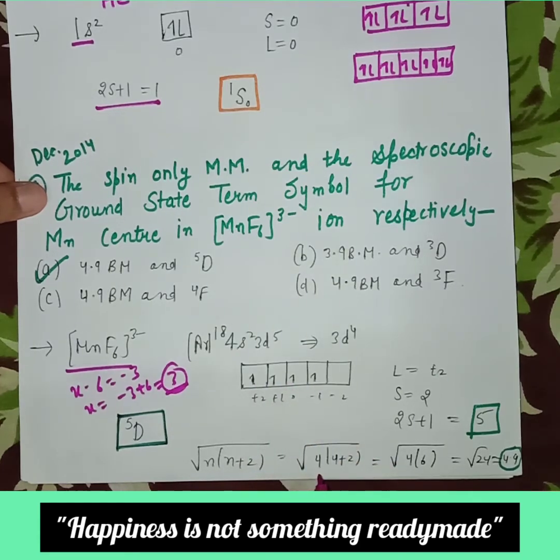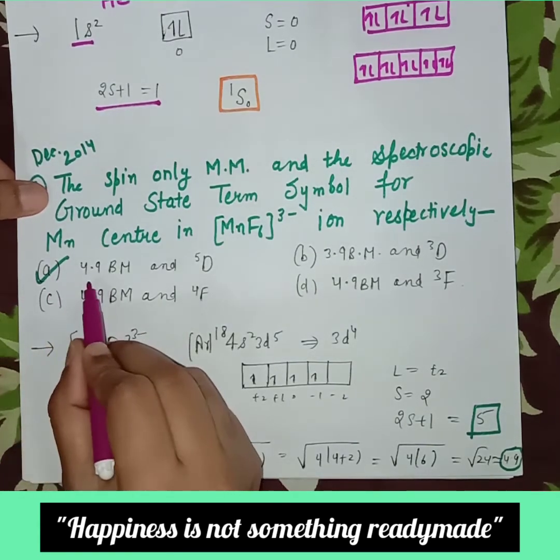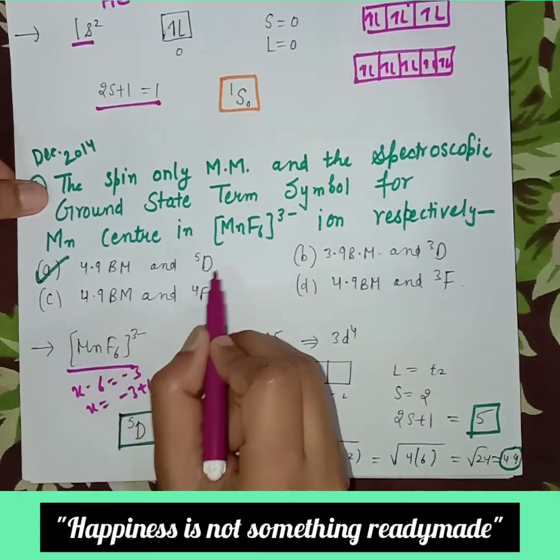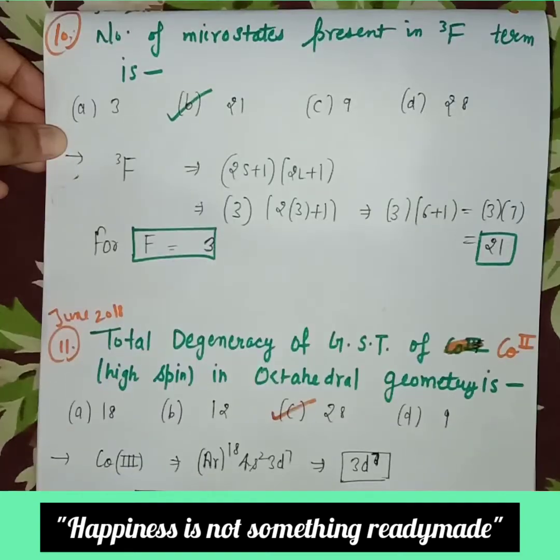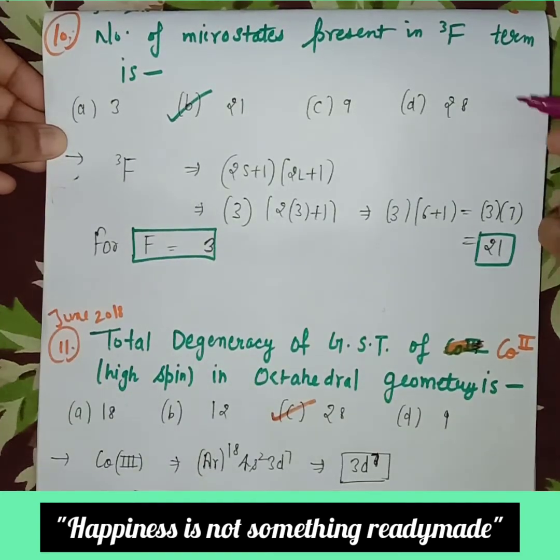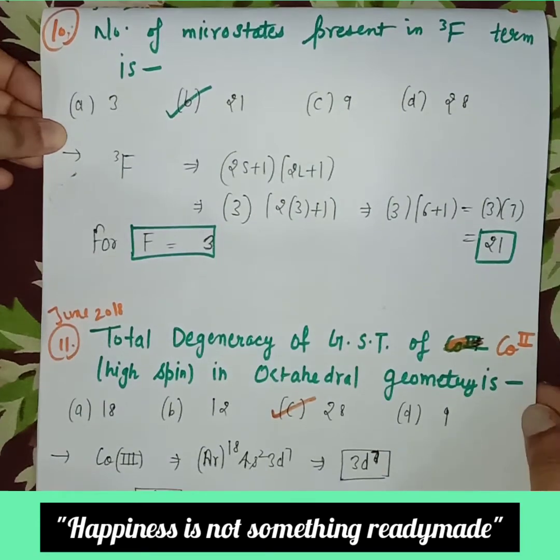Here the number of unpaired electrons is 4. So 4 into 4 plus 2 is equal to 24, and the square root is approximately 4.9. So the correct option is 4.9 Bohr magneton and 5D is the ground state term. In the next question, students, it's a repetitive question, I taught it already.